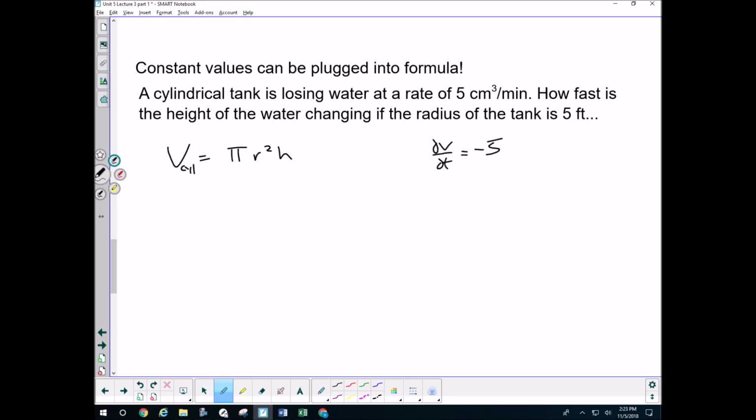How fast is the height of the water changing? You should make that translation. That's dH/dt in this case, since we are given an h. The radius of the tank is 5.